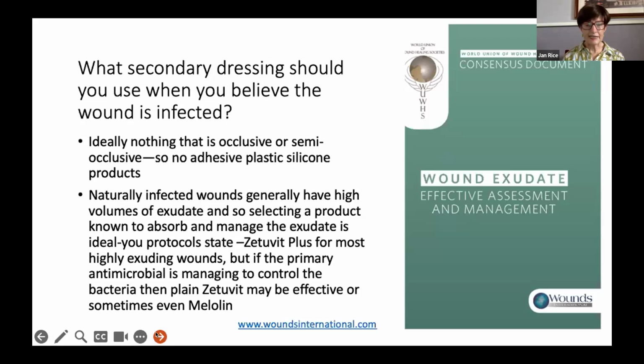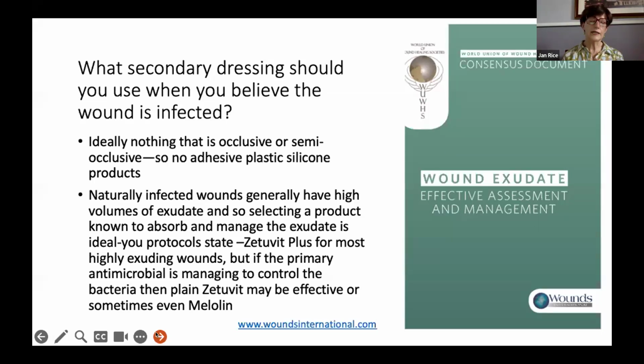So no plastic, no silicone products. It's a real common mistake. Slapping Mepilex Border on a wound that you're worried about and the patient's on antibiotics, don't put it on it. You're only going to cook, you're incubating the microorganisms that are there. Of course, if wounds are infected and they have a high volume of exudate, then you need to choose a product that's going to suck that up and lock that exudate away and stop those microorganisms from re-entering the wound.